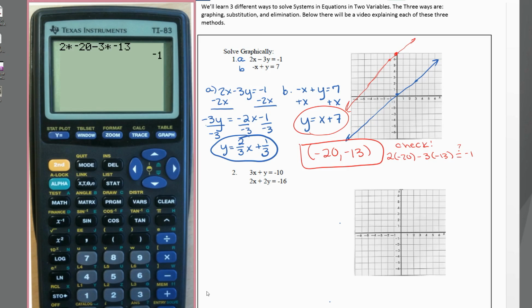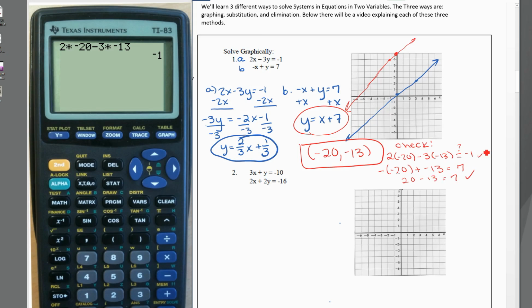Okay, that is negative 1. So now we want to check the next one. Is negative 20 plus negative 13 equal to 7? If we check it, we'd get 20 minus 13 equals 7, which is true. So that is our solution.